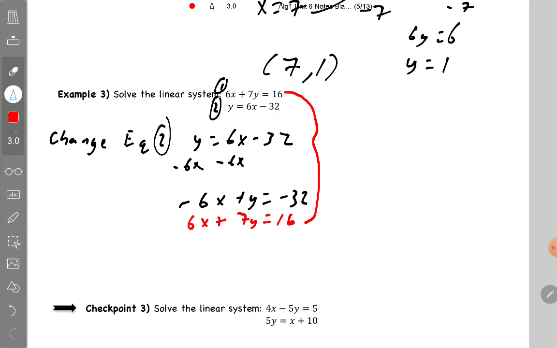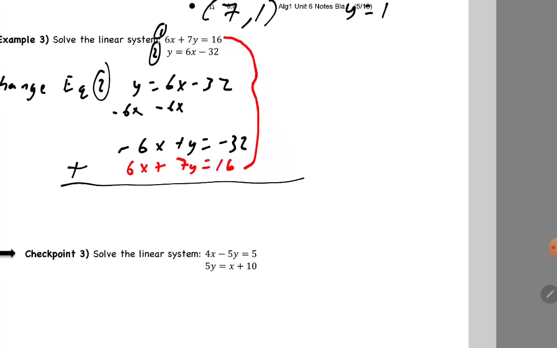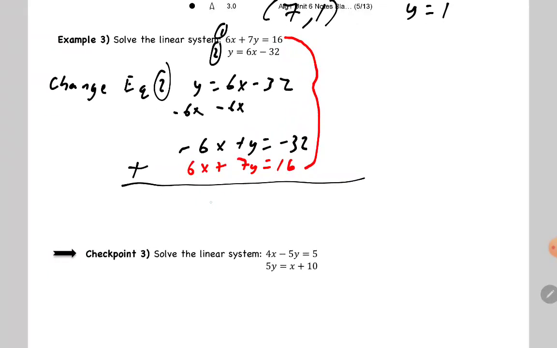So now we can add these two together. So negative 6x plus 6x is 0. y plus 7y is 8y. And negative 32 plus 16 is negative 16. So when I divide by 8, I'll get y equals negative 2.